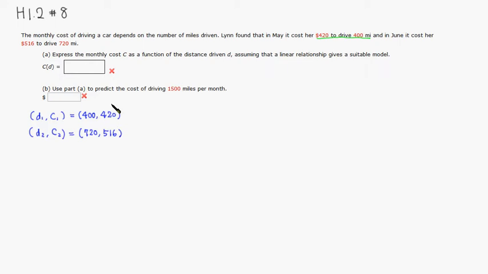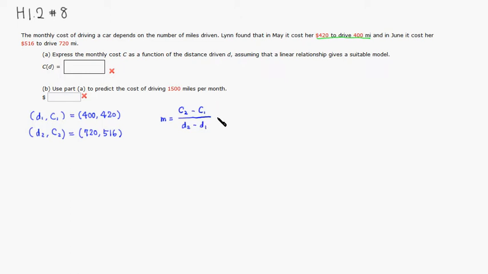So once you have those two points, we can come up with the slope m. Remember that C is like y and D is like x. So the slope formula would be C2 minus C1 over D2 minus D1.